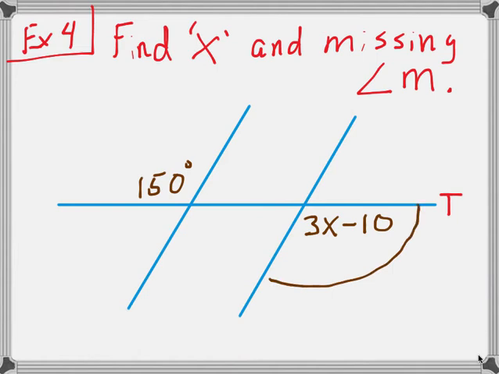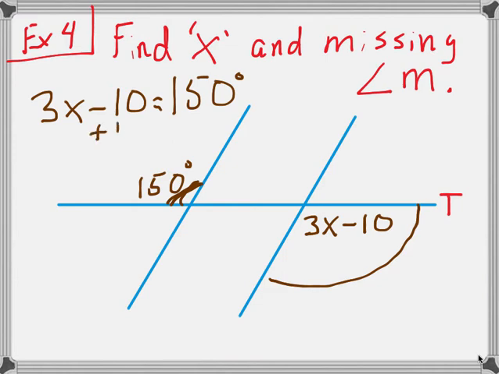Now, with this being vertical angles, I know that it's going to work out pretty good because I know they're congruent. So what I'm going to do is I'm going to set up my equation. 3x minus 10, what's that congruent to? The 150. Why is that? Because they are vertical angles.